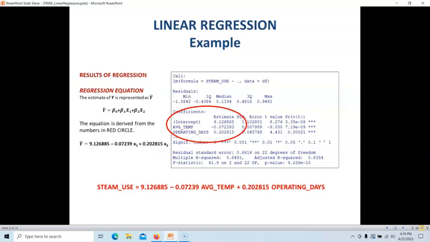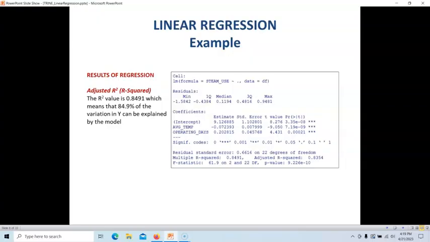So how good is this formula? Well, the nice thing about regression is there are a lot of metrics that will tell us how good your model is. One of the most common ones is the adjusted R squared, or the R squared. So in this case, we start off by looking at the R squared value.